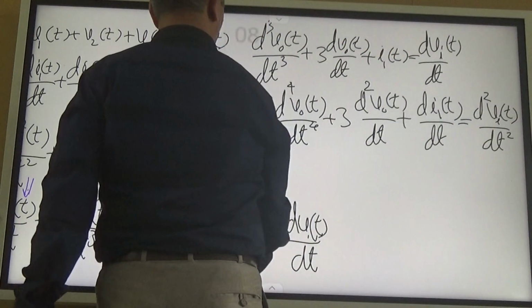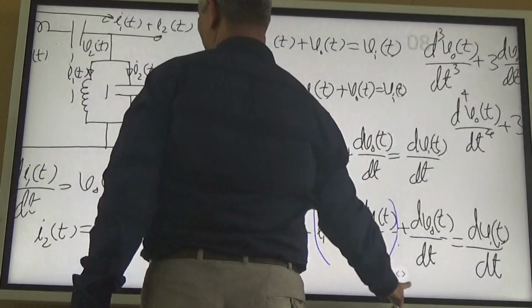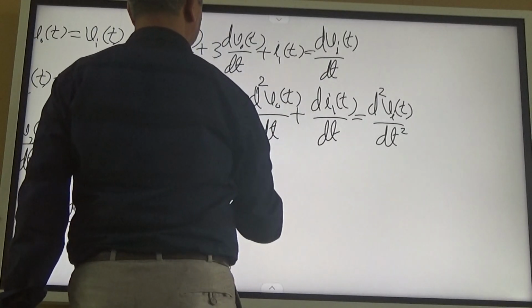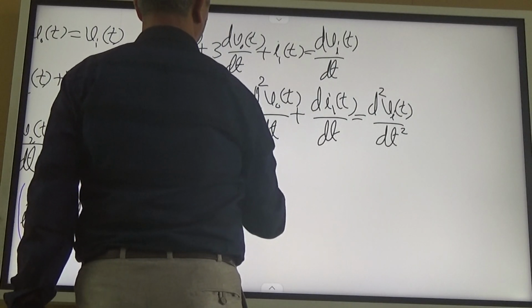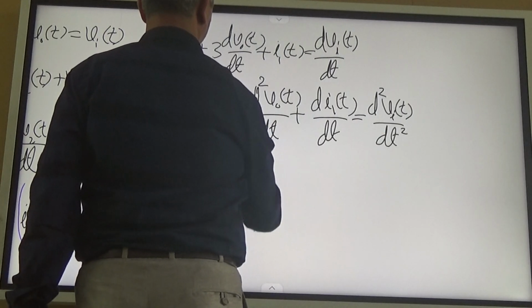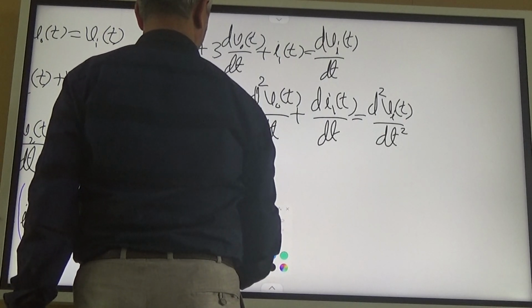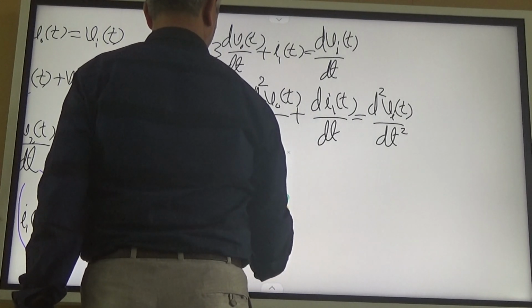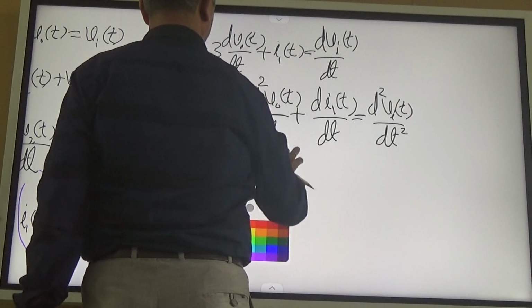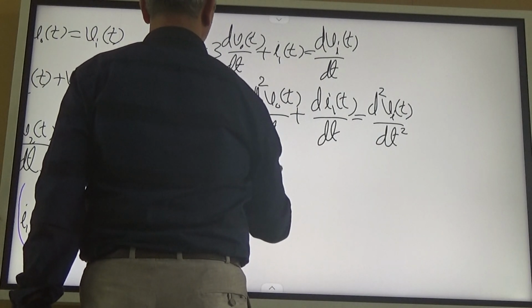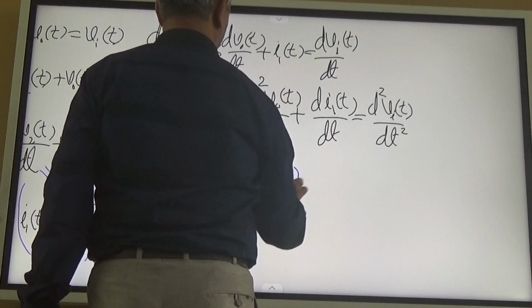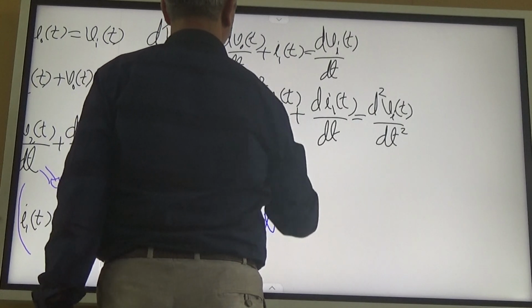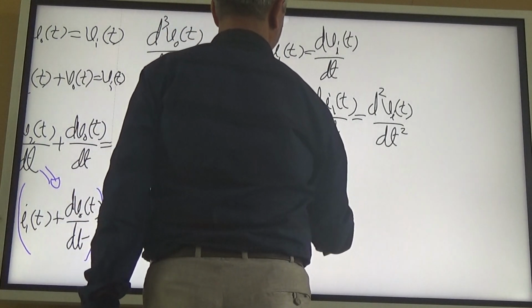Is it right? What is dI1(t) by dt? It is V0(t), right? So this is d4V0(t) upon dt4 plus 3.